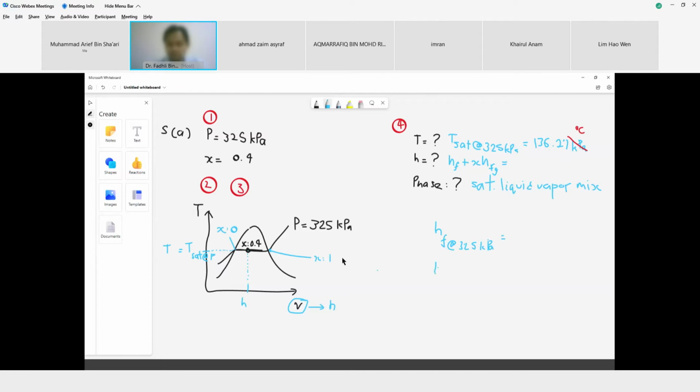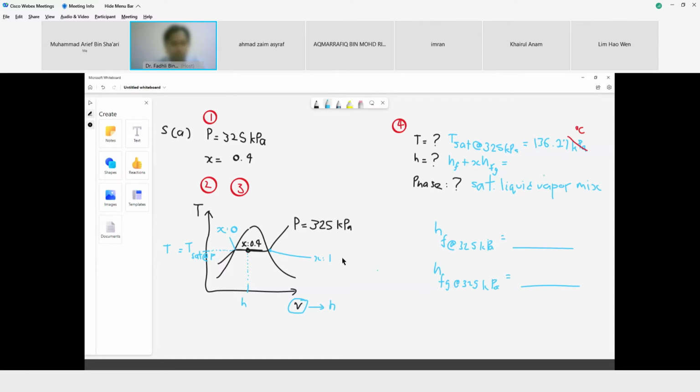Then find hfg at the same pressure, 325 kilopascal. So look at 325 kilopascal, table A5, get the hf and hfg. Once you have the values, then solve the equation here.